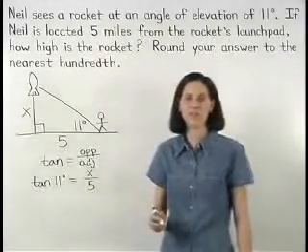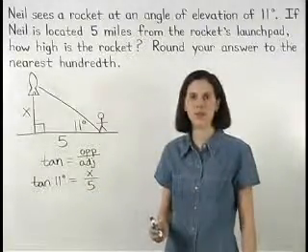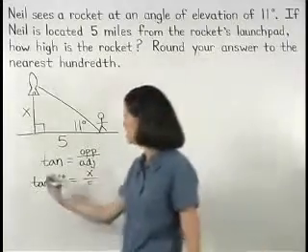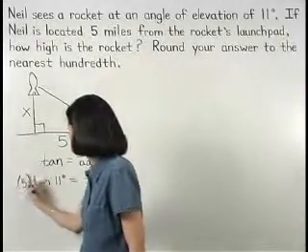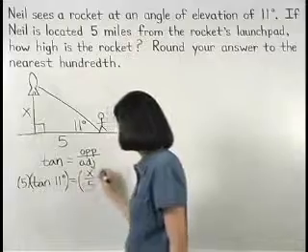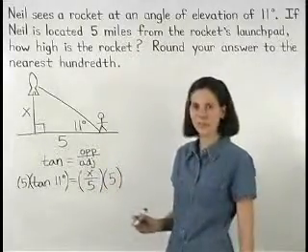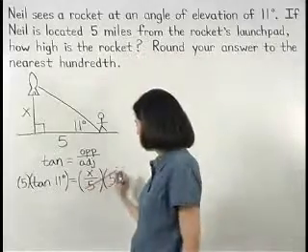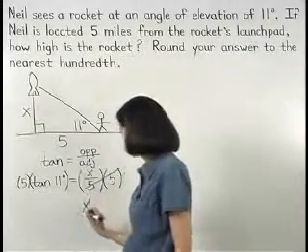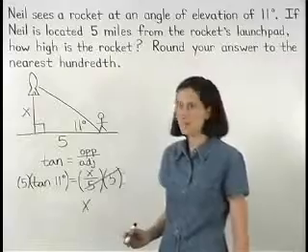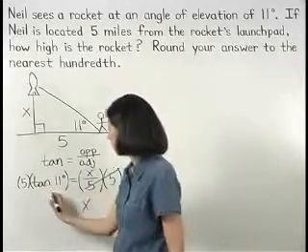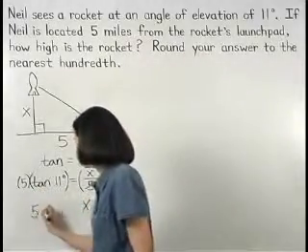Solving for x, we multiply both sides of the equation by 5. On the right side, the 5's cancel, and we're left with x. And on the left side, we have 5 times the tangent of 11 degrees.